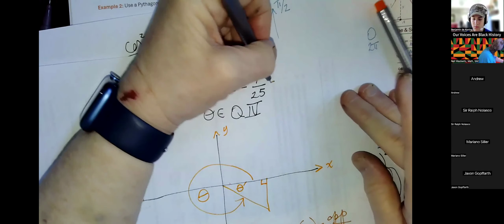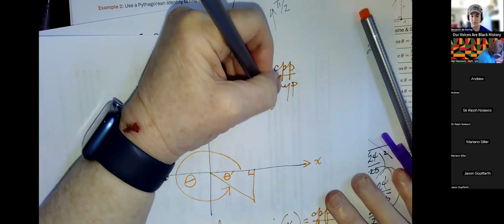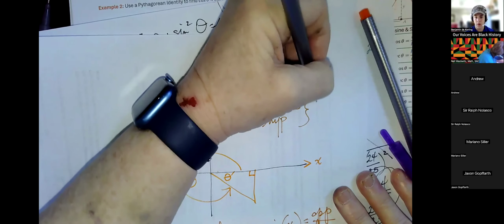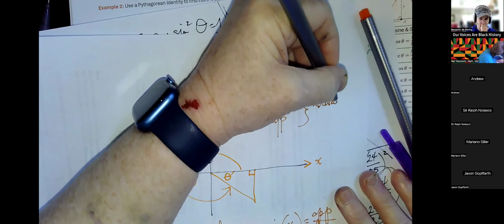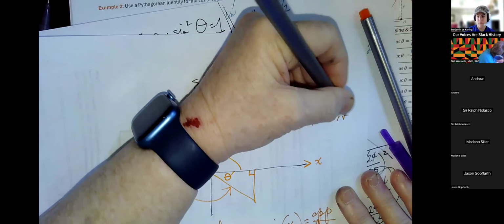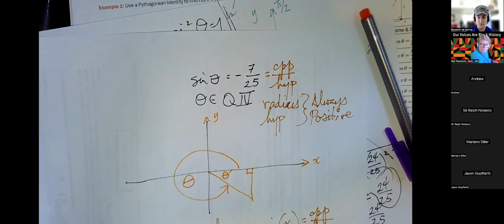So I'm going to write this as opposite over hypotenuse. And we are always, always, always going to make the hypotenuse positive. So radius or hypotenuse are always positive. And the negative is an indicator of direction.